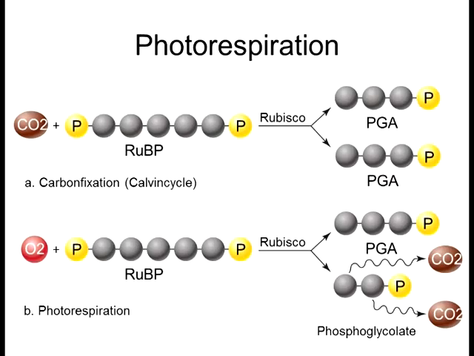Rubisco, that enzyme that uses carbon dioxide with ribulose biphosphate sugar, when oxygen starts becoming more abundant than carbon dioxide, this happens. We call it photorespiration. So instead of turning ribulose biphosphate into these PGAs and then converting them into PGALs and then into sugar, what ends up happening is the oxygen outcompetes the carbon dioxide because there's more of it.